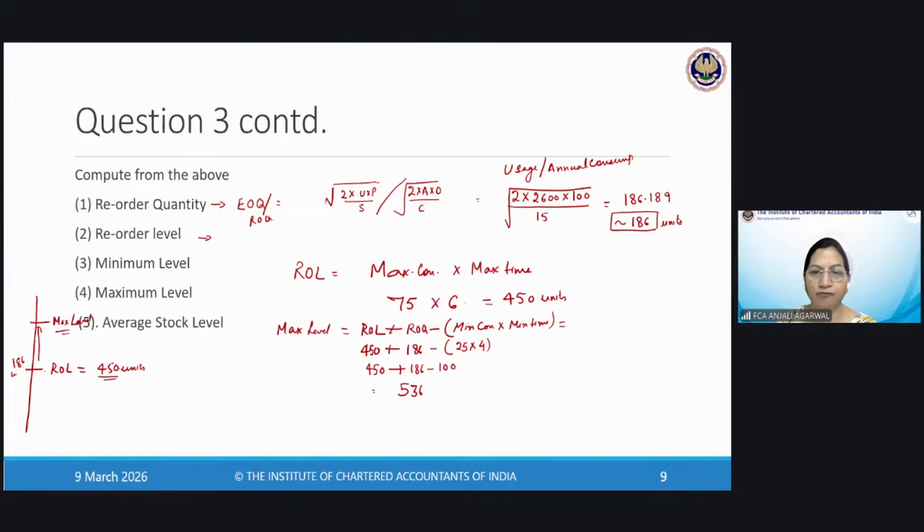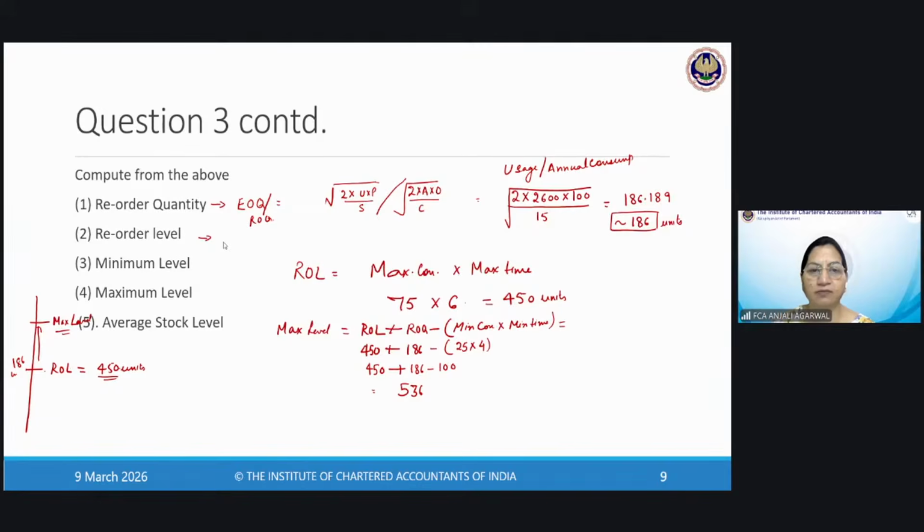Reorder level is 450 units, 75 into 6. At this level, you have placed an order for 186 units. So at the max, your level will be 636, but that will be the case when you don't touch the raw material. But you are going to consume a minimum of 25 units.